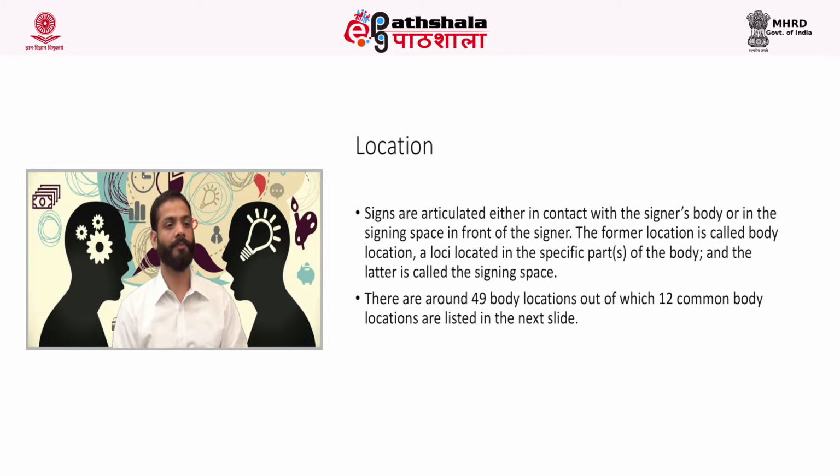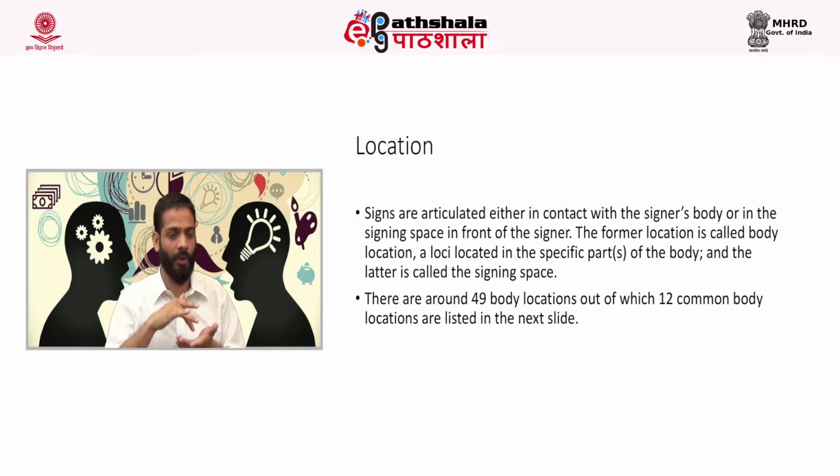Next we are going to discuss location. Signs are articulated either in contact with the signer's body or in the signing space in front of the signer. The former location is called body location, a locus located in a specific part of the body, and the latter is called the signing space. We'll give you a few examples.